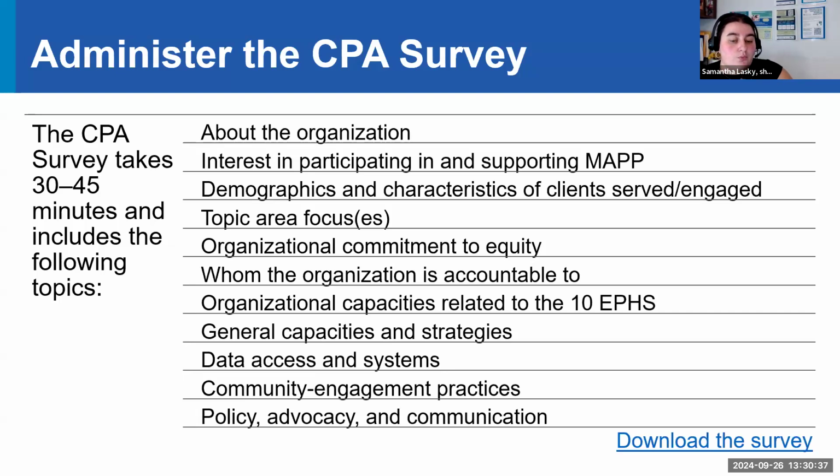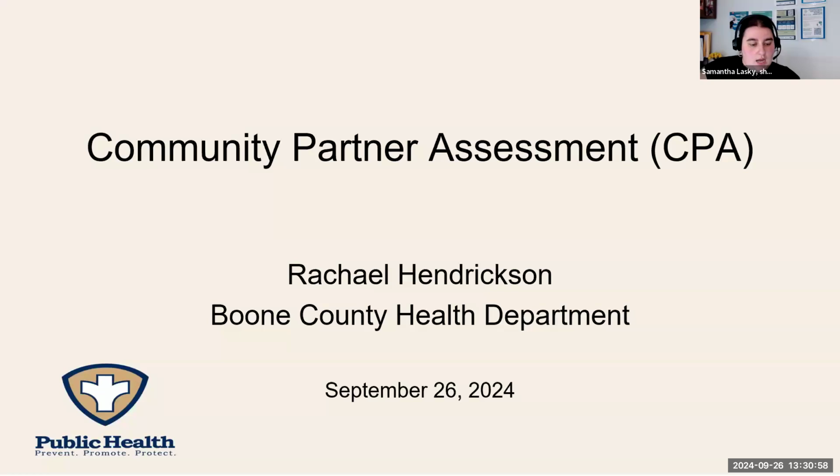It's really to get an answer on behalf of a single organization for these pieces of the survey, which includes these following topics. I'm not going to list them out. You can see them here on the slide, but it's to really understand the strengths and areas for improvement for each of the community partners in their relationship to the health department.